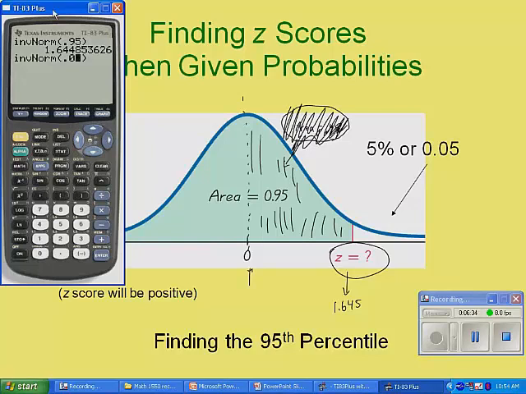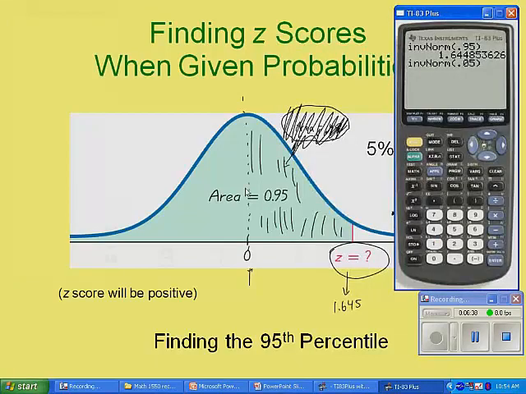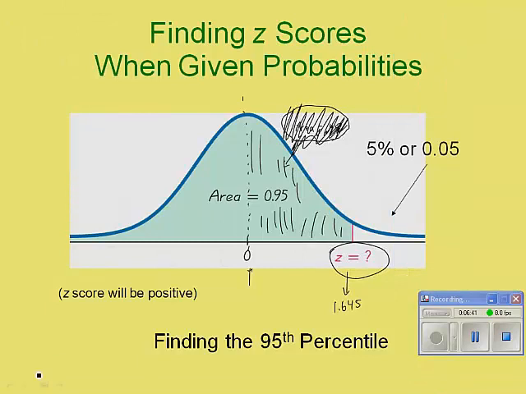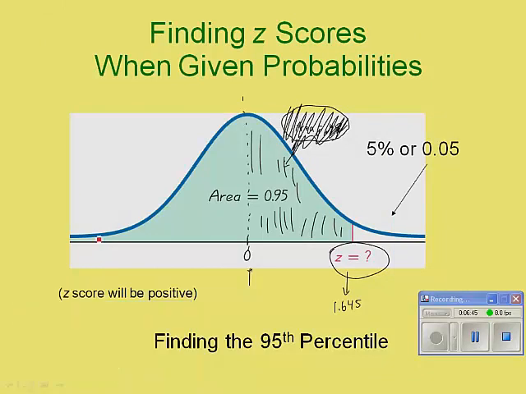On the picture, what would I be computing? Well, the red would be at a different place. If I had 0.05, that would mean I'm putting my z here, and I don't know what it is, but all I know is that I want 5% of the area to be to the left.